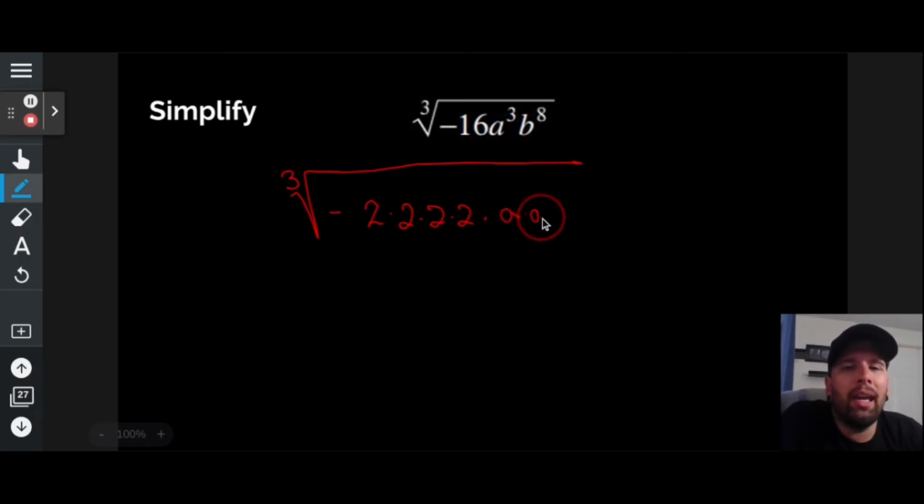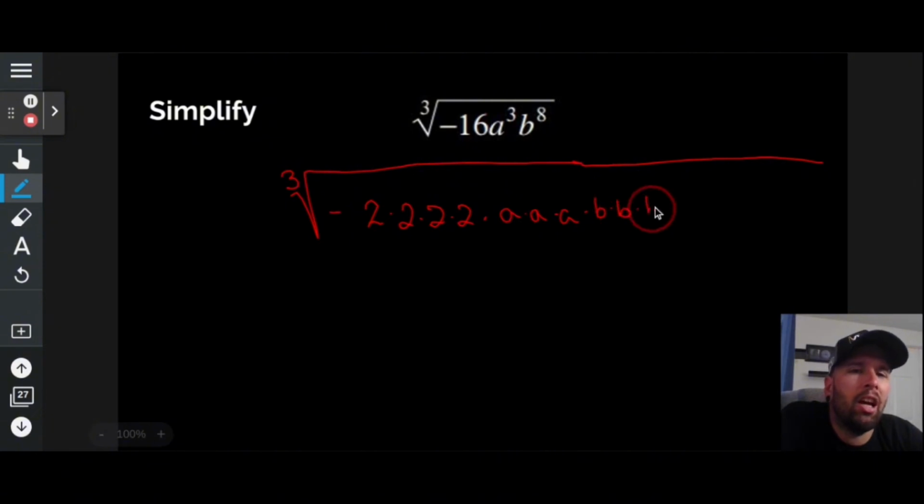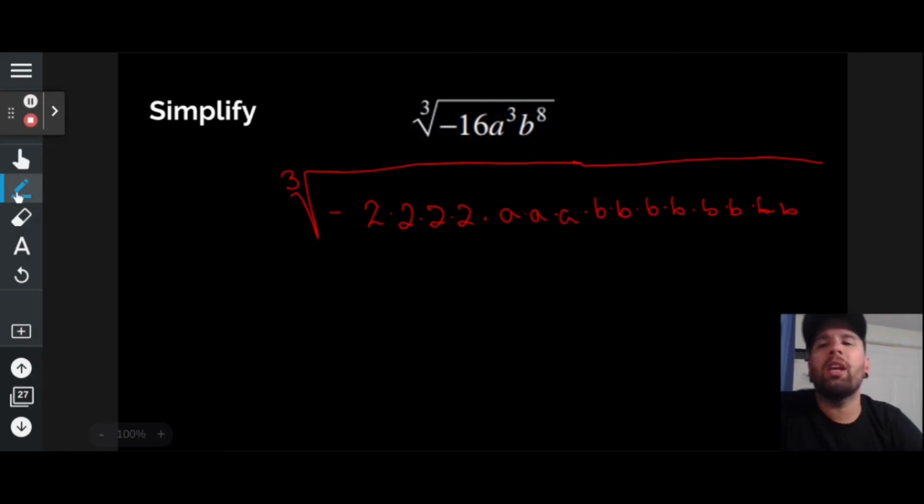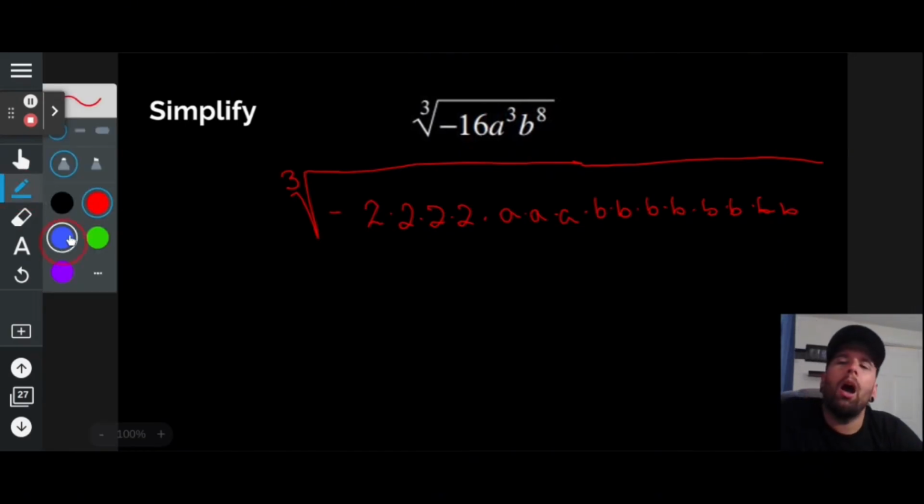A times A times A. B times B times B times B times B times B times B, 1 2 3 4 5 6 7 times B. Now, since this is a cube root, I am circling groups of 3.